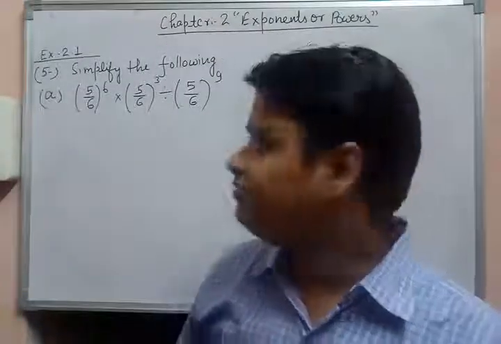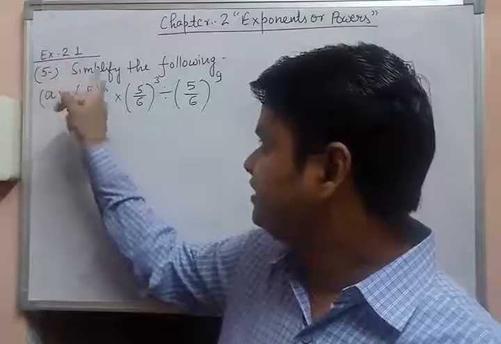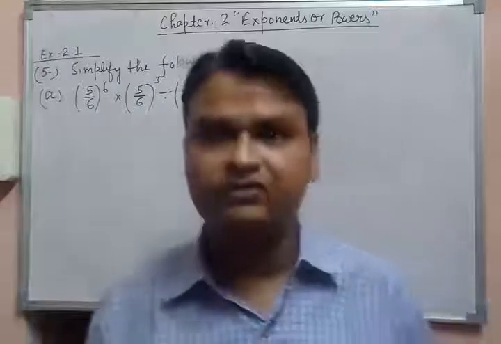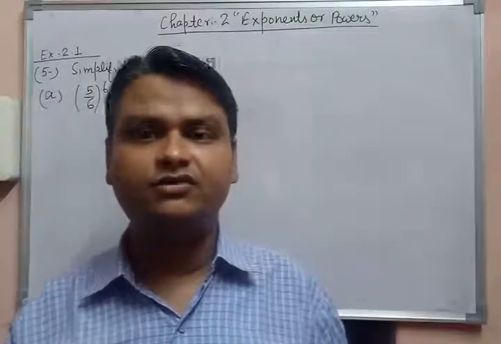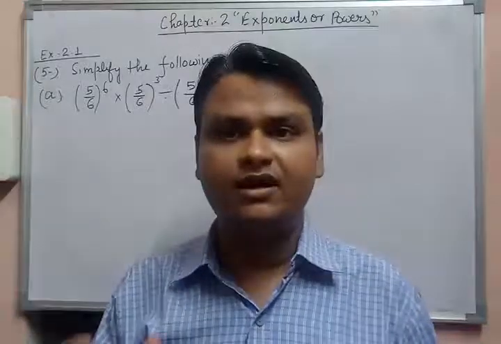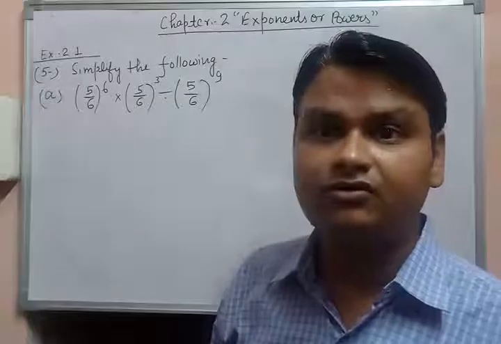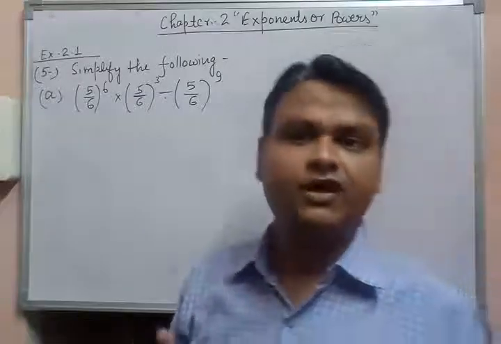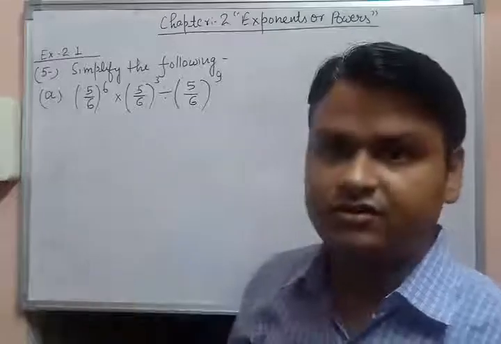So students, moving to our next question, question number 5, which says simplify the following. Simplify means you have to solve the question and find the result. So keep in mind all the laws of exponents. I will solve all the questions.